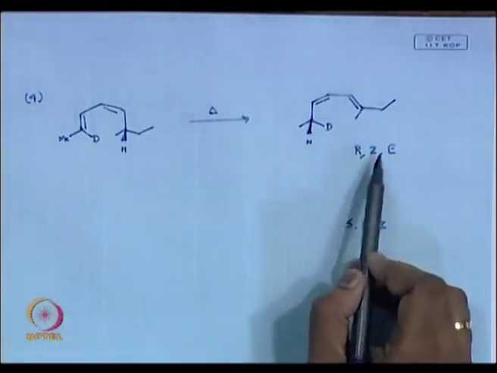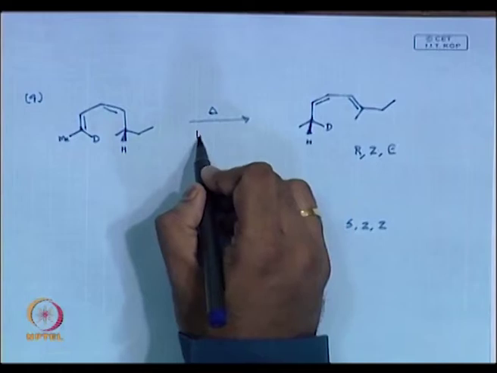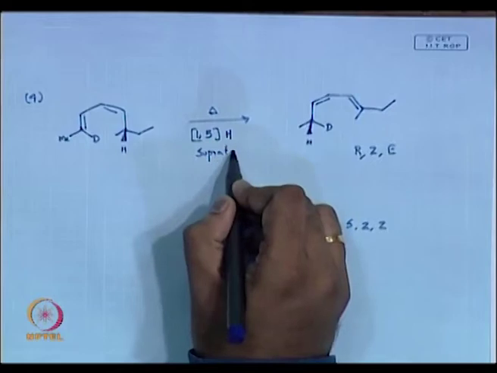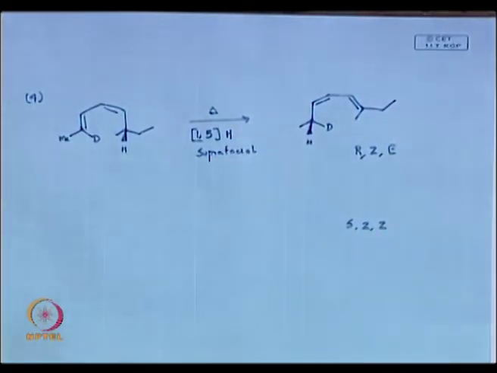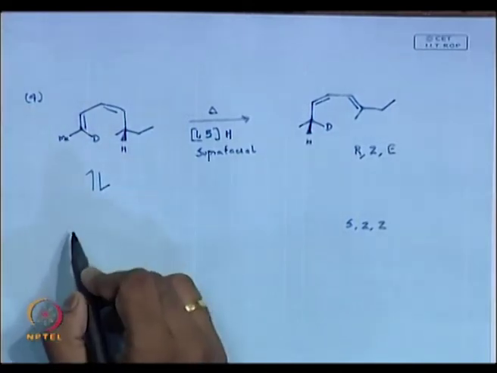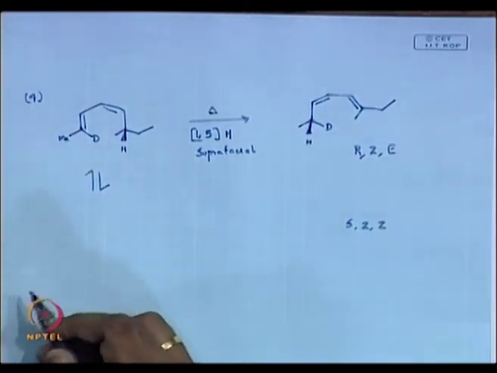Now, if I just heat, I get RZ, that is, you say it is a 1,5 hydrogen shift with suprafacial. Are you thinking, for getting this, like antarafacial? But antarafacial never happens in 1,5. Yeah. So, what happens there? What happened to this molecule? If you take this molecule in solution, see this molecule does very nice CC bond rotation, single bond rotation, right.